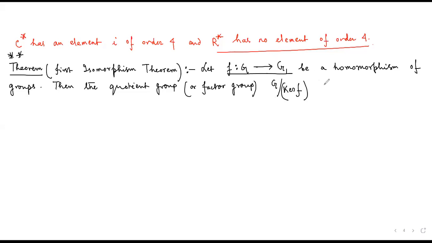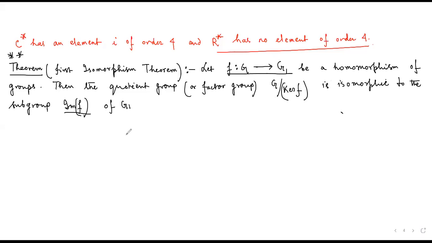So this quotient group G over ker F is isomorphic to the subgroup, the image of F, of G1.